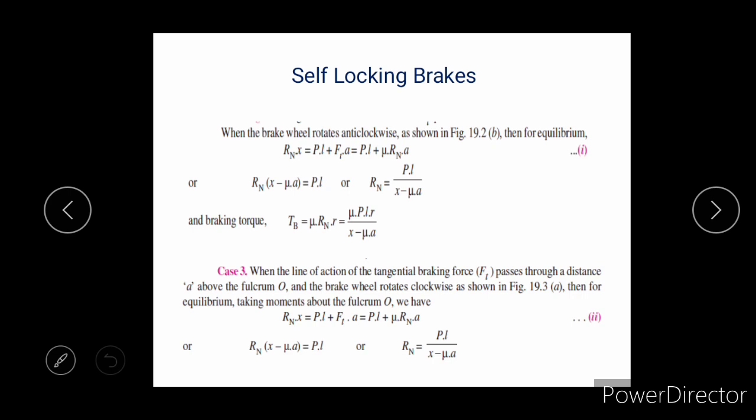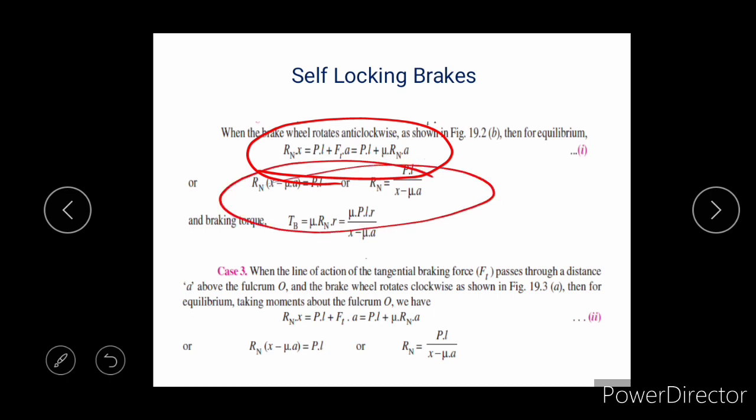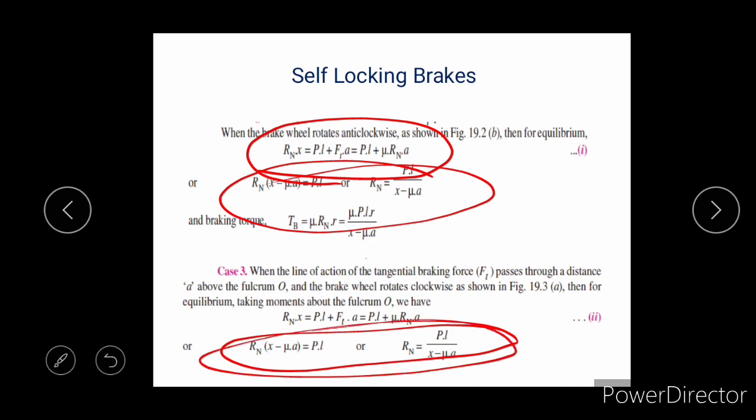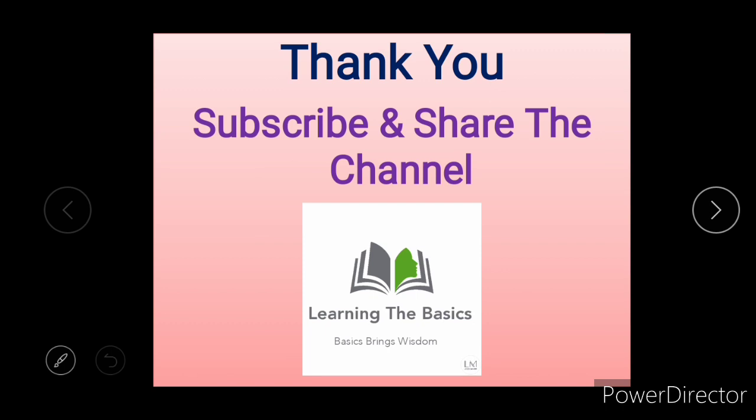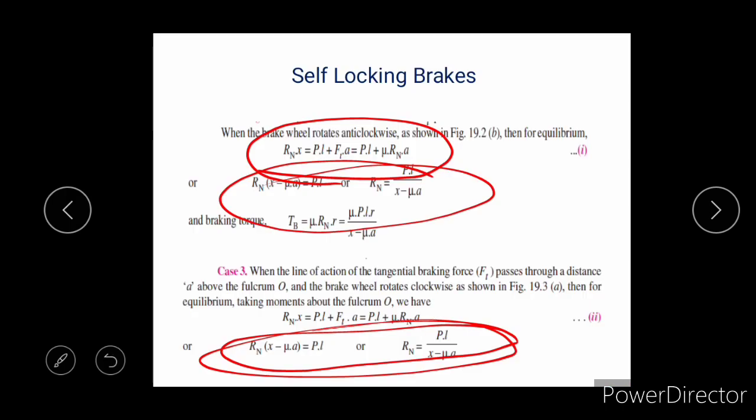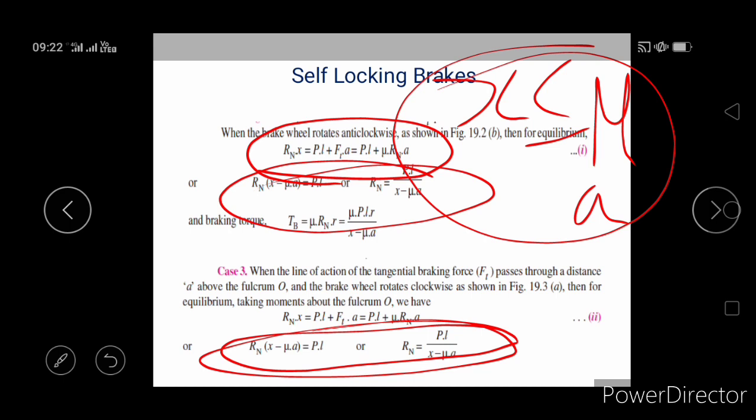See, when the brake wheel rotates in anti-clockwise, as I have discussed in case 2b and case 3a, go to the equation, you will find the equation like this. This is the further equations, and the same equation you will get in case 3a. So such type of brakes are self-locking brakes, and the condition for self-locking brakes is x is less than or equal to mu into a, right? Remember this is the condition for self-locking brakes.